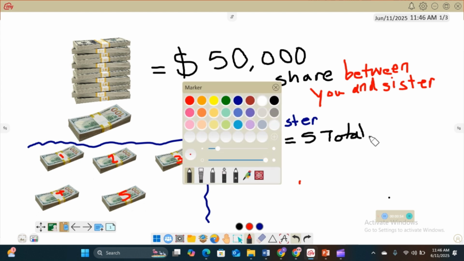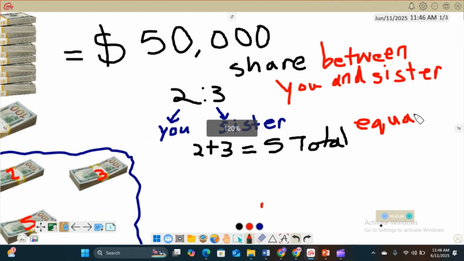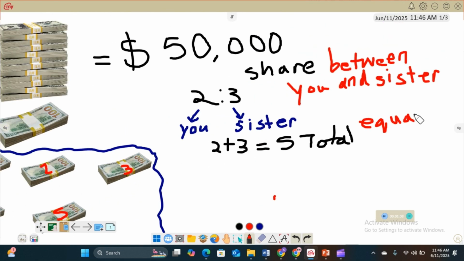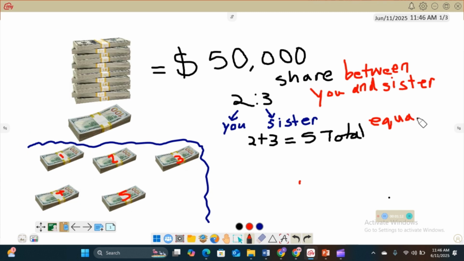The total equal groups. That would be the total equal groups.